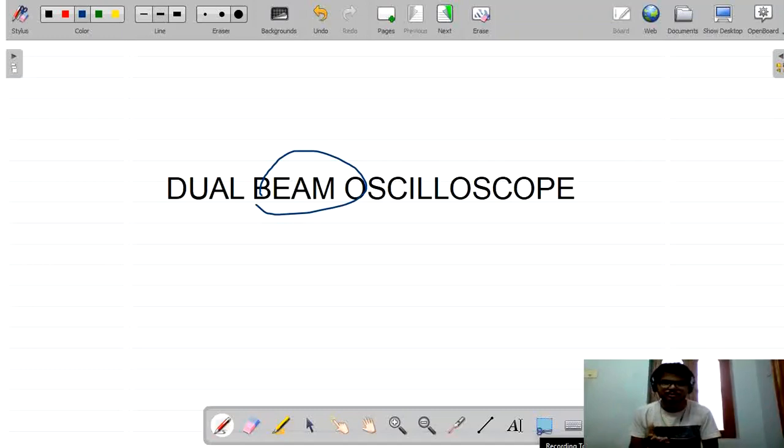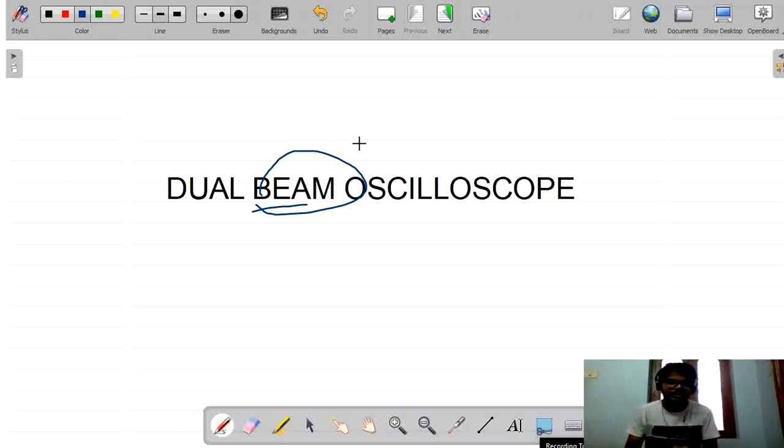Because general oscilloscopes are unable to show two input signals on a screen at a time, but the dual beam oscilloscope and the dual trace oscilloscope will produce two input signals on a screen at a time. For the purpose of comparison, we use the dual beam oscilloscope. That is the reason why we need to study it.